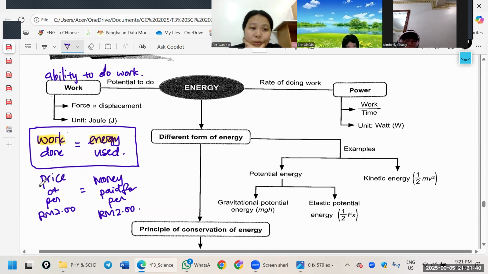So the price can be considered as the money paid. Work done means energy used. So work done is F times S, so that's why the unit is joule. So still the same, right?